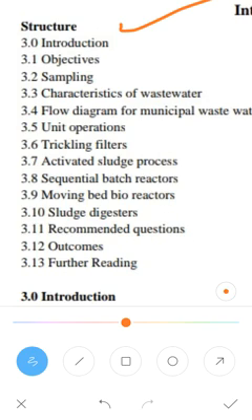The main objective of sampling is to collect a representative sample, in which the relative proportions or concentrations of the components are the same as those of the material being sampled. This sample should be handled in such a way that there is no significant change in composition before the test is made.